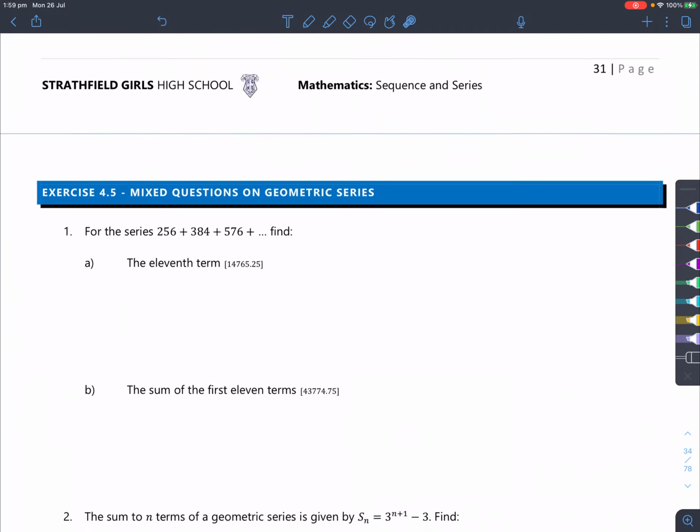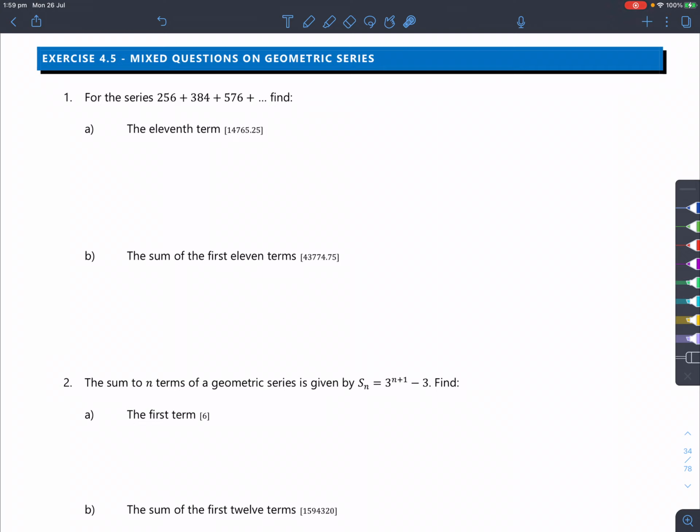Moving on. Exercise 4.5. For the series 256 plus 384 plus 576, find the 11th term. We need our term formula, so Tn is equal to ar to the power of n minus 1. Then I need to find T11. A is 256, but the ratio here will be 384 over 256, which simplifies to 1.5.